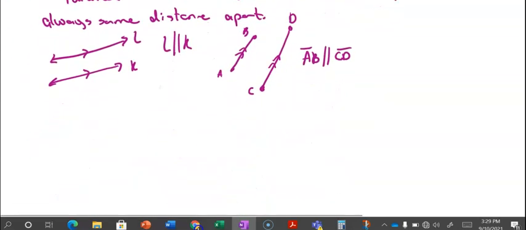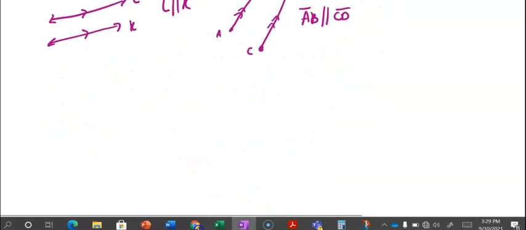The last one we might just want to mention that just occurred to me because it comes up, a segment bisector. We've talked about angle bisectors, that they cut angles in half, and we've talked about just bisectors in general.